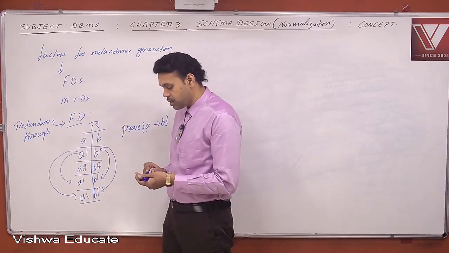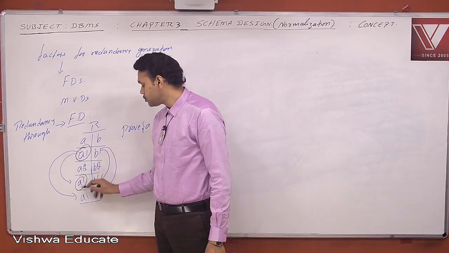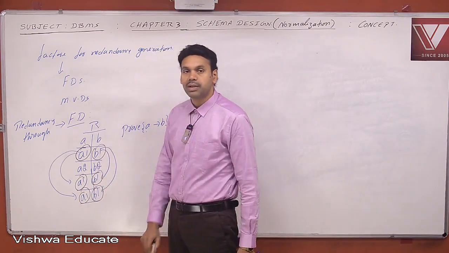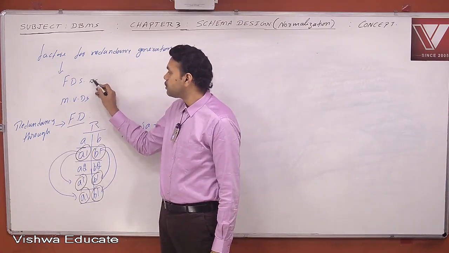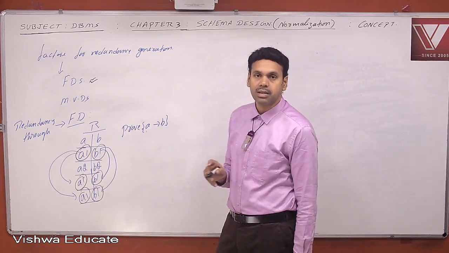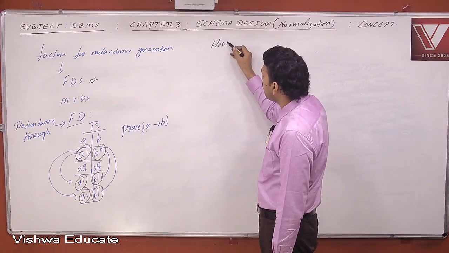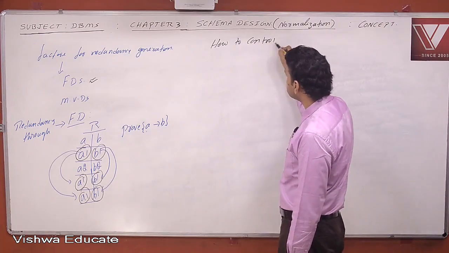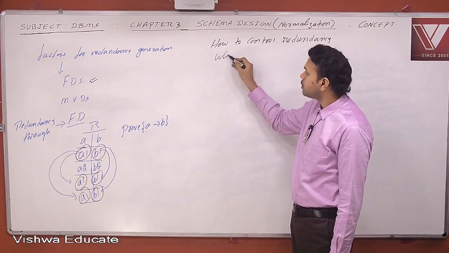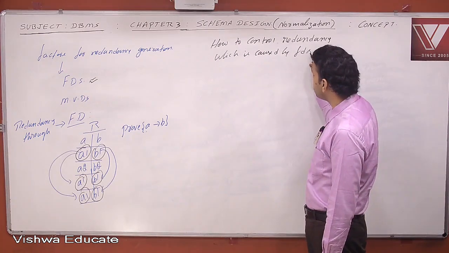Therefore, what do you understand here? The A value is replicated. Simultaneously, the B value is also going to be replicated. So that's why functional dependency is one of the factors for generation of redundancy. Okay. So now my question is how to control redundancy which is caused by functional dependency.